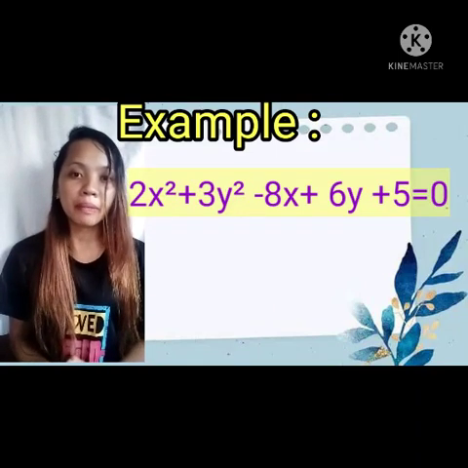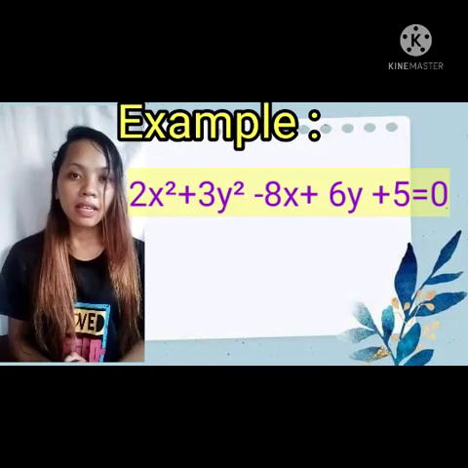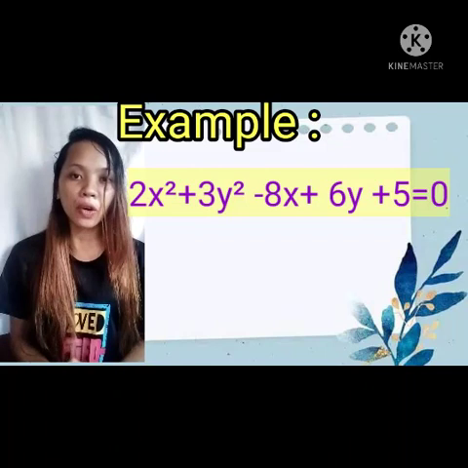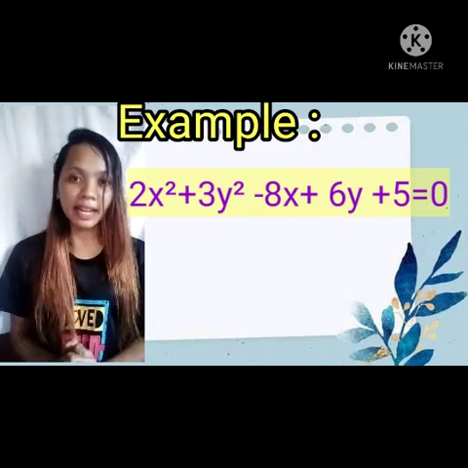Do the squared terms have opposite signs? This is positive 2x squared, this is positive 3y squared. No, they do not have opposite signs. Are the squared terms multiplied by the same number? This is 2, this is 3, therefore they are not multiplied by the same number. And if they are not multiplied by the same number, therefore that conic section is an ellipse.